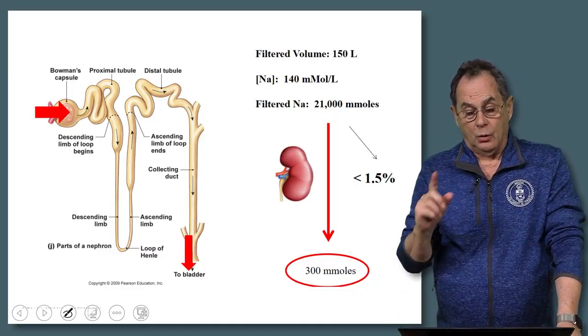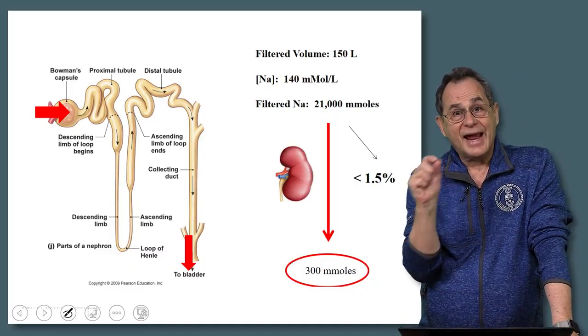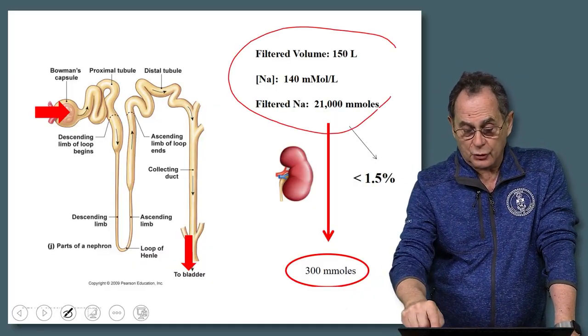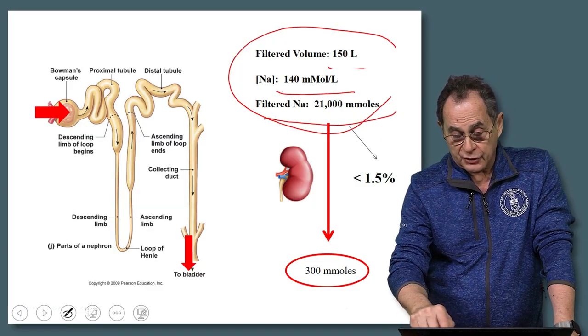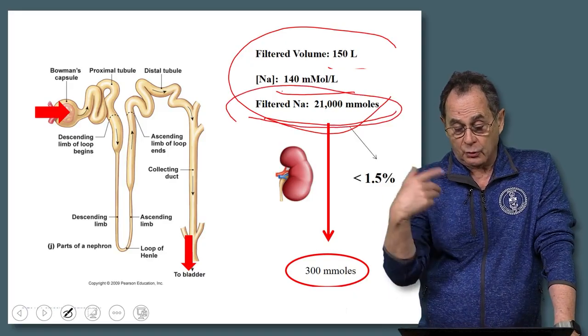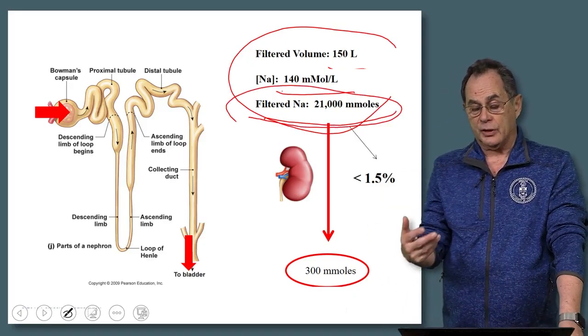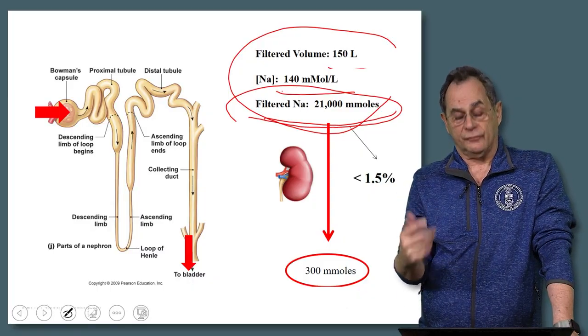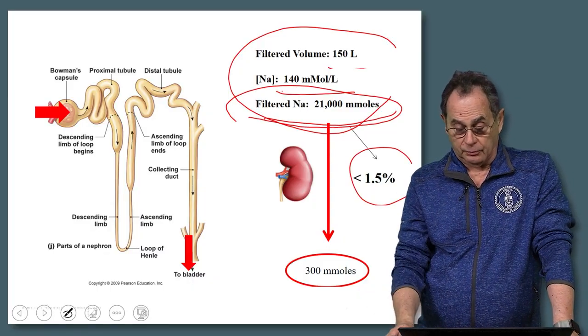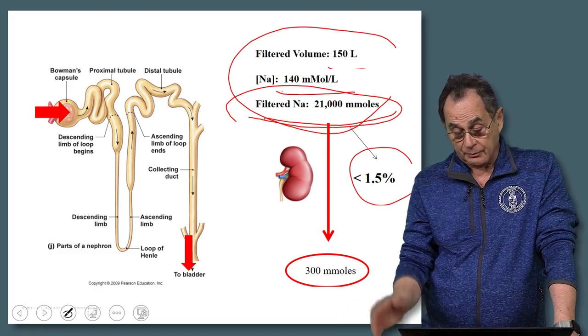So let's take that and look at sodium. Here we filter 100, the sodium concentration is 140 millimoles per liter, 21,000 millimoles presented to the nephron, and we reabsorb almost 99% of it.